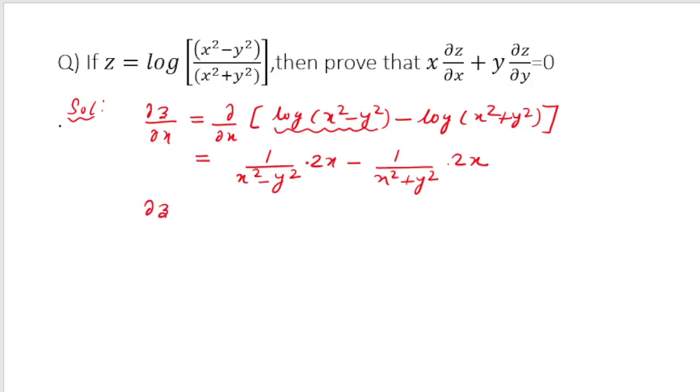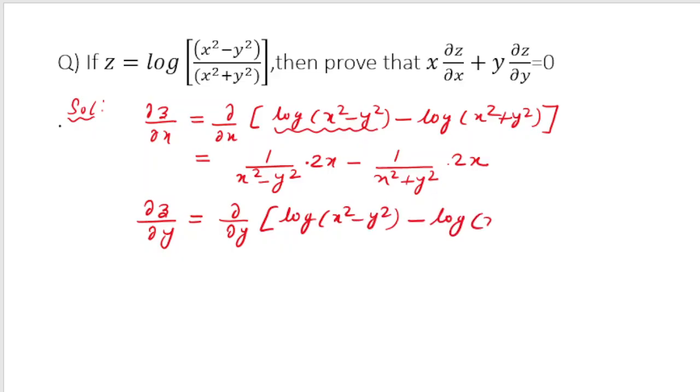And if I ask you what is del z by del y, I don't think you will have any trouble answering this. So you can write del by del y of log of x square minus y square minus log of x square plus y square. So this will give me what?